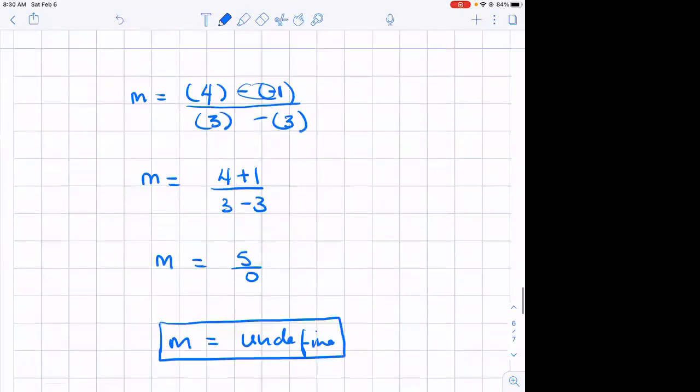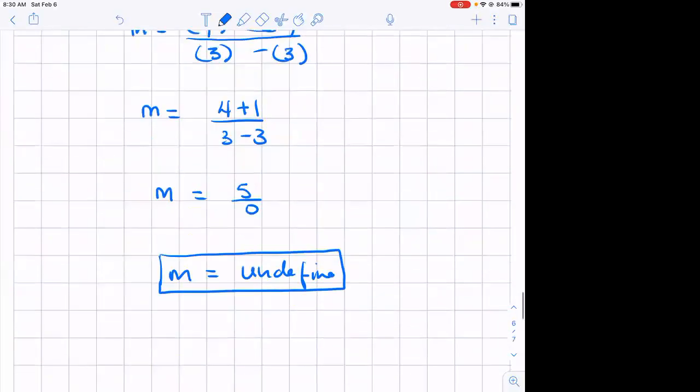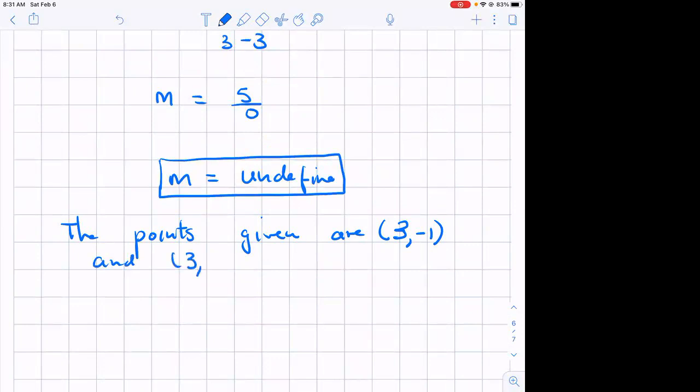Now, observe that the 2 points given are 3 comma minus 1 and 3 comma 4.